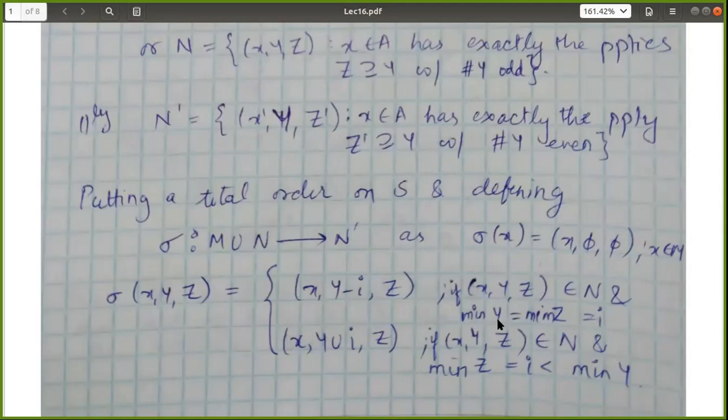In such a case, you put this element in your Y. First of all, if they are differing, it is clear that I is not in the set Y. That is why it's not the min element. Correct? So Y union I has a cardinality strictly bigger than the cardinality of Y.